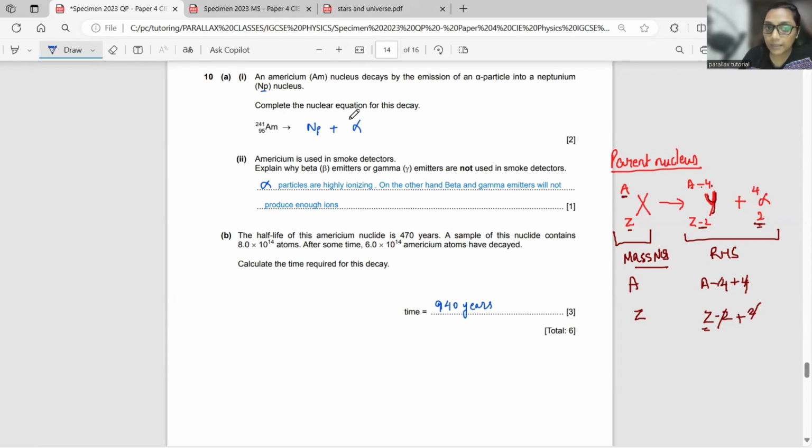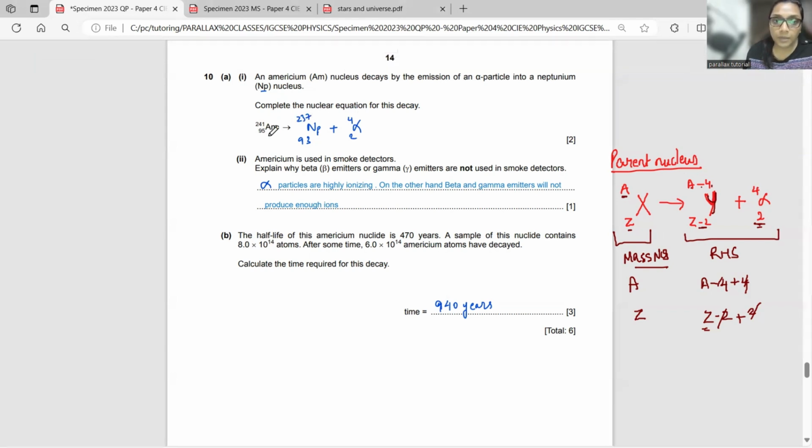Two things are given, so we'll write down the alpha particle first: 4 and 2, obviously. And then what will happen to the neptunium? It will become 93, because 93 and 2 add up to 95, which matches the atomic number. And neptunium's mass number would be 237, because 237 and 4 add up to 241. So the mass numbers are also equal.